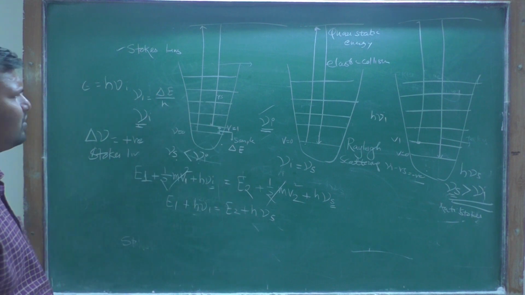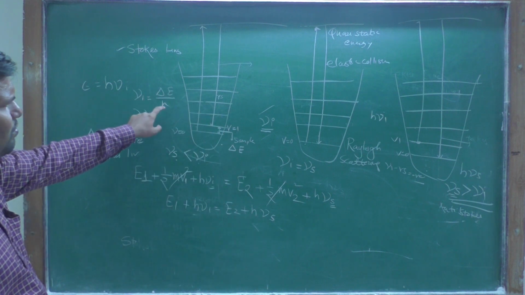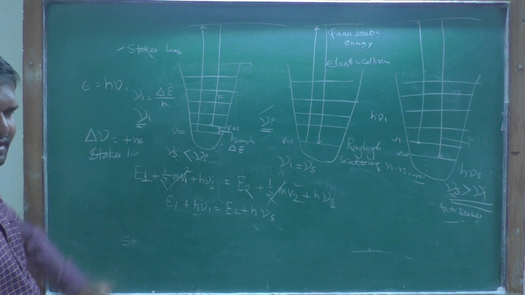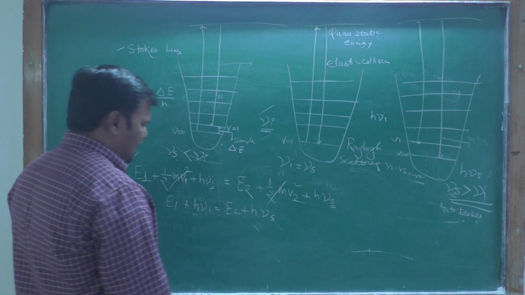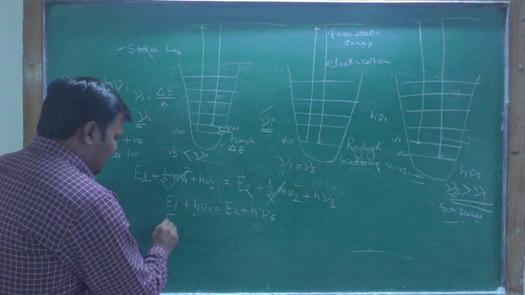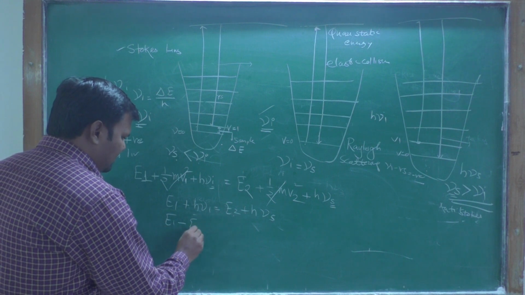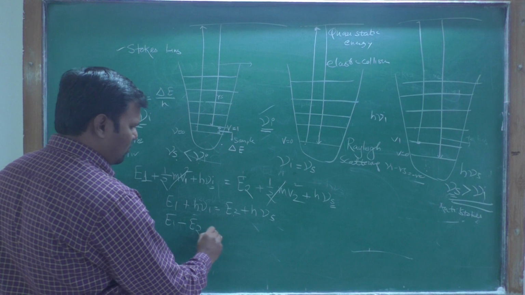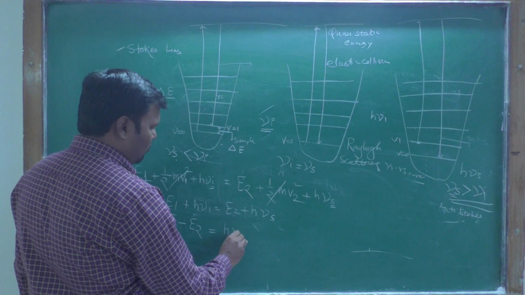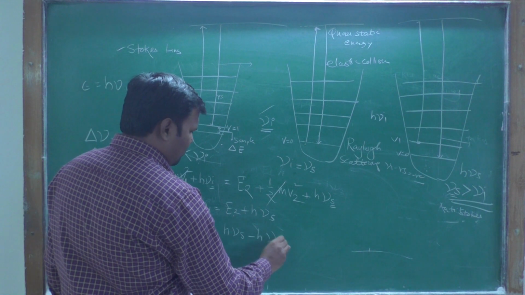Like that we take E1, and E1 minus E2 is equal to h mu S minus h mu I.